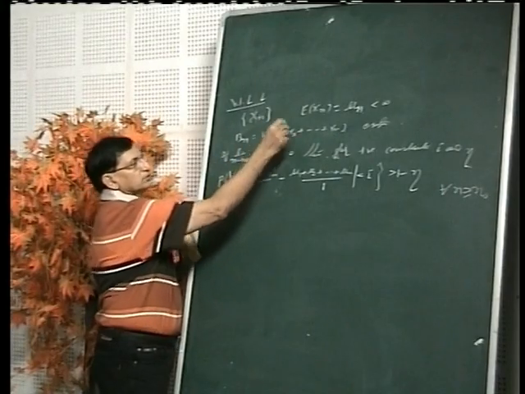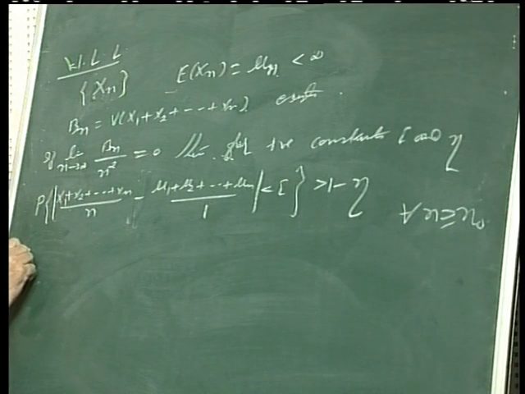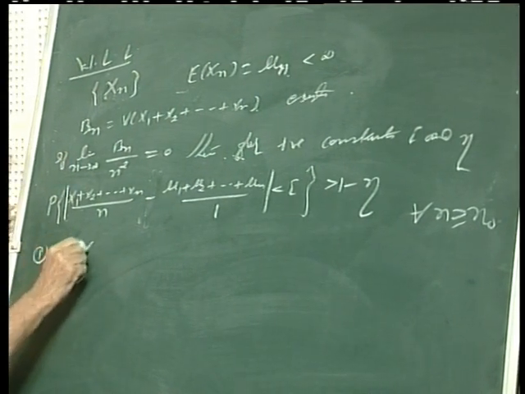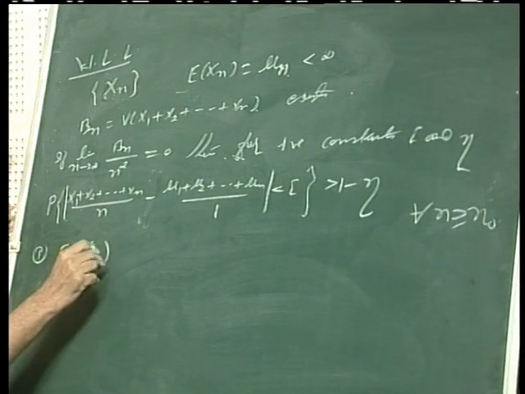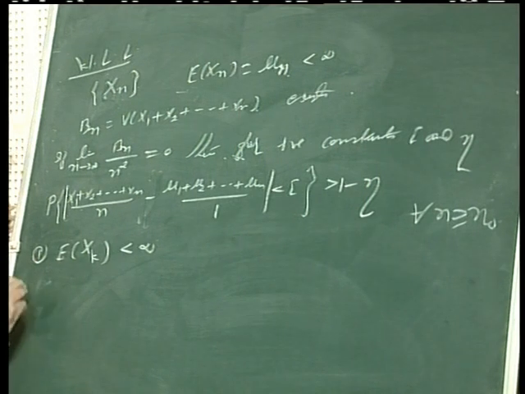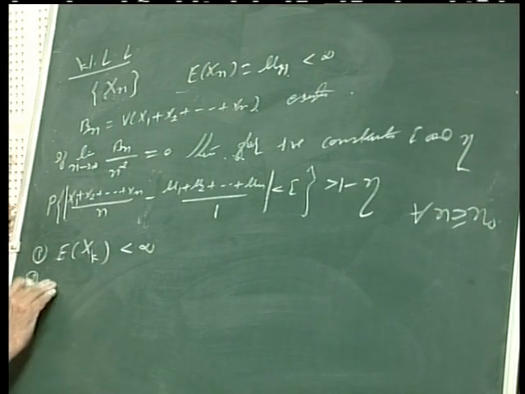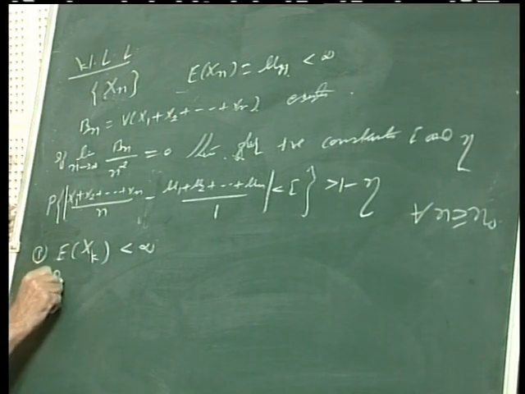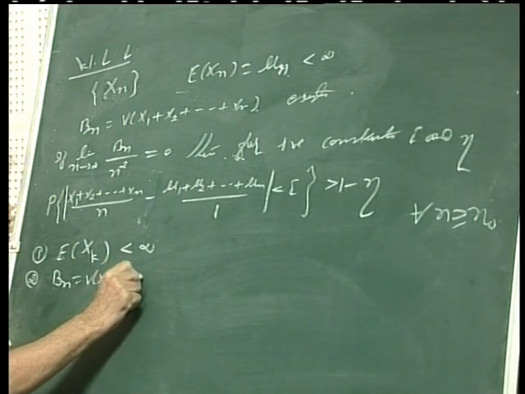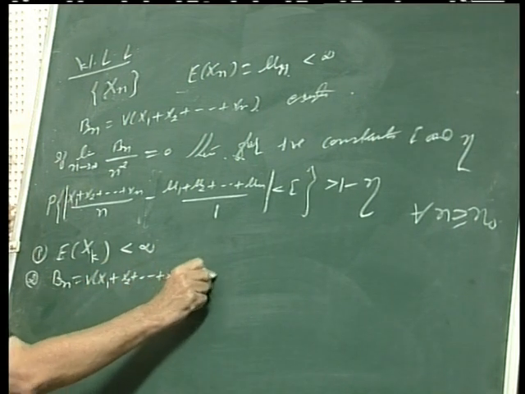So first of all, see, there are three conditions. First condition, that expected value of each xk should exist, means it should be a finite quantity, which is mu k here, or you may write xn also. Then bn means variance of x1 plus x2 plus xn should also exist.